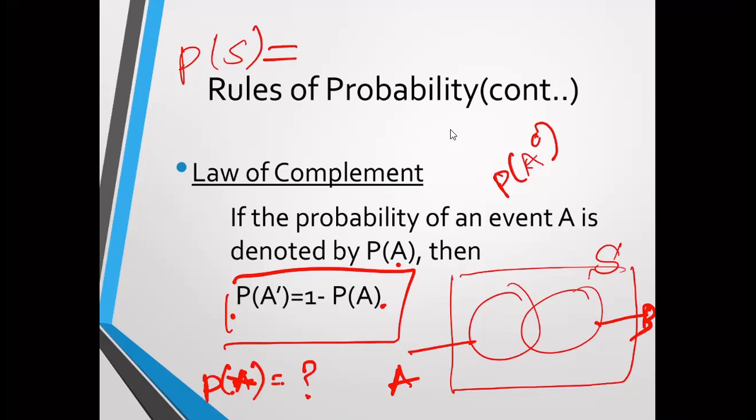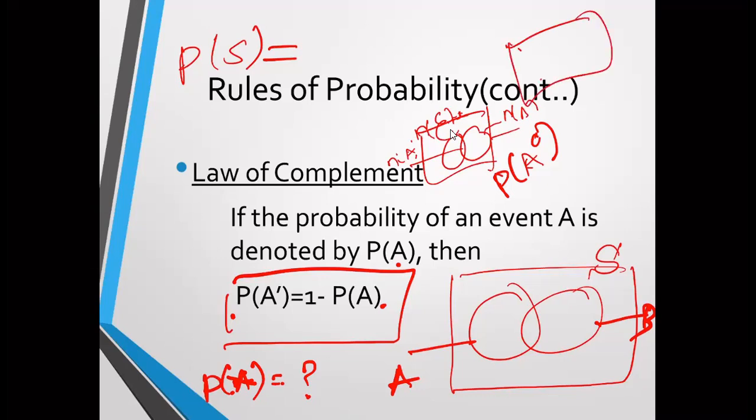Usually we use Venn diagrams to denote the number of elements in the sample space or the universal set, or the number of elements in event A, event B. But in that question paper, I gave a question with probabilities.